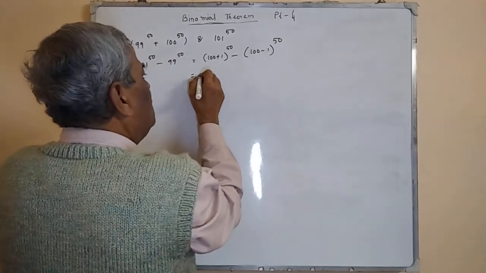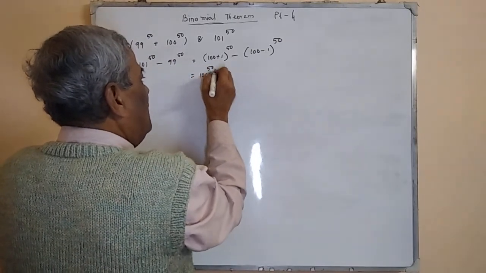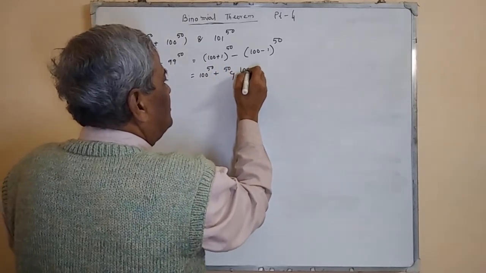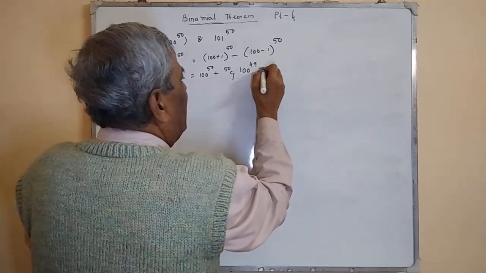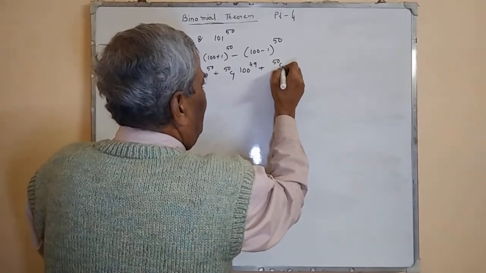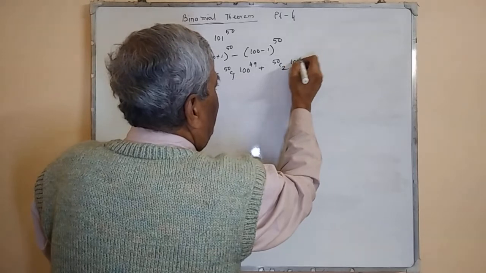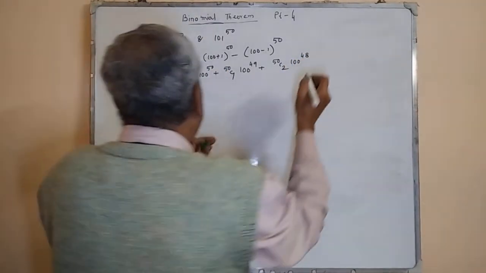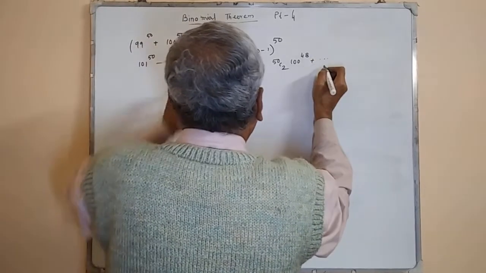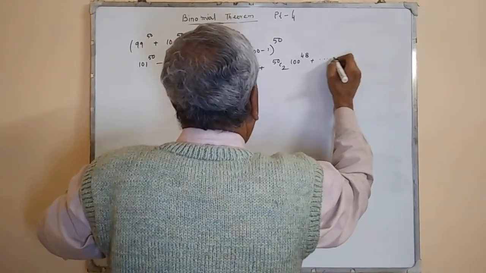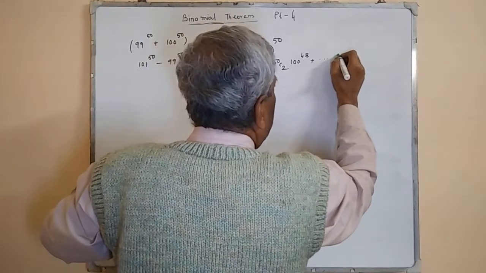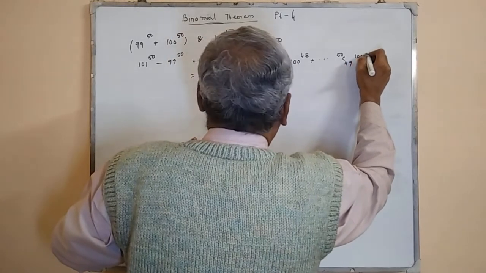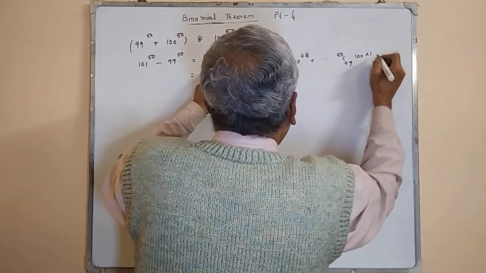So that it is equal to 100 to the power 50 plus, this way, its last term is 1. Before that it is 50C49 100 into 1, plus 1.